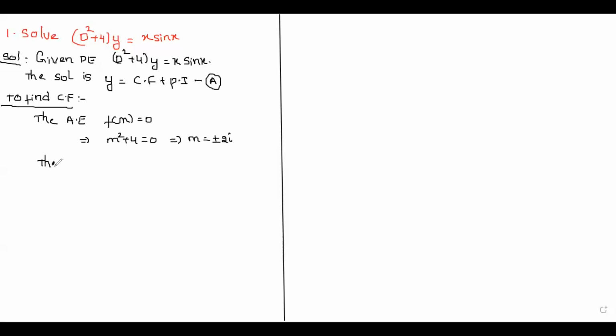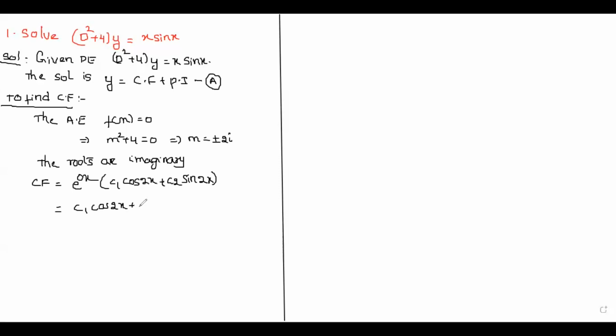Since the roots are imaginary, the complementary function is equal to e power 0x, since the real part is 0 here, into c1 cos 2x plus c2 sin 2x, which is equal to c1 cos 2x plus c2 sin 2x. Put it as equation number 1.